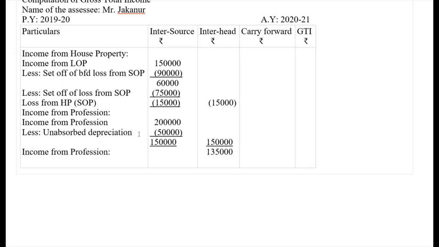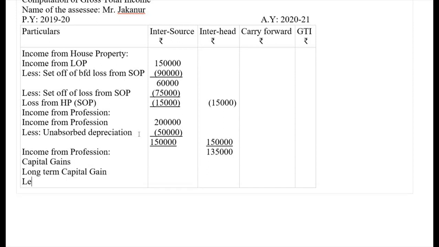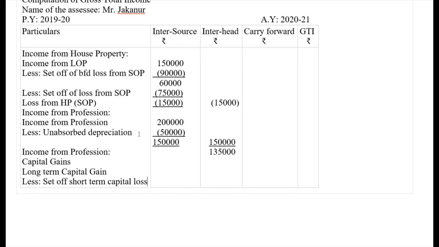Now let us go for capital gains. Under capital gains, we have got a long-term capital gain, that is income from long-term capital asset, against which we can make adjustment, set off of short-term capital loss.